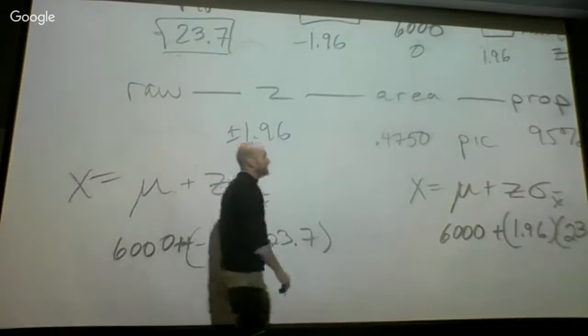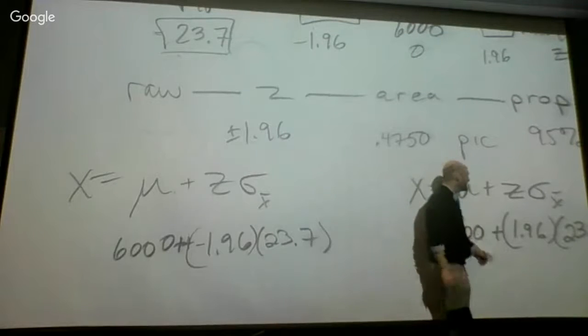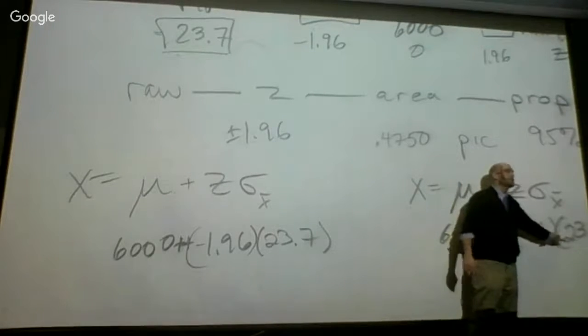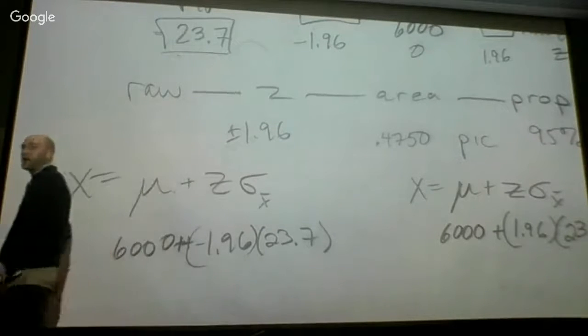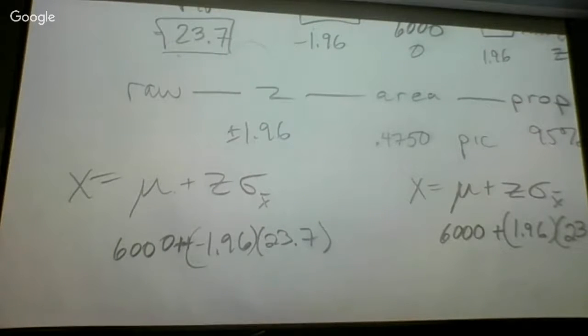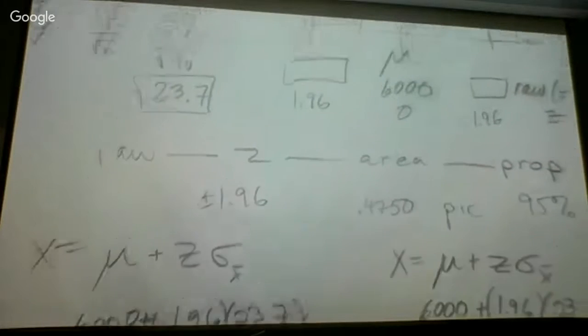On this side, 6,000, and I add 1.96 times my standard error. So roughly 2 times 24, again 48. I'm going to be adding or subtracting approximately 48.